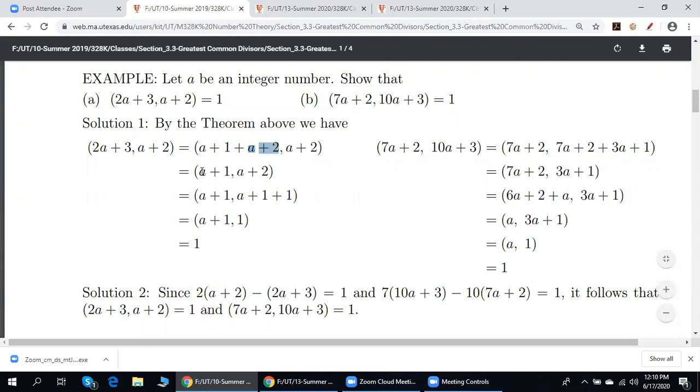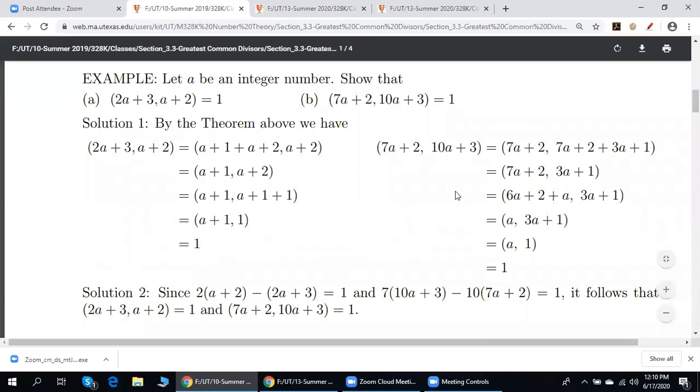After the cancellation, we get this. Keep going. A plus 2 can be rewritten as a plus 1 plus 1. Since here we have a plus 1, this a plus 1 can be cancelled. Done. And now it's totally obvious that the greatest common divisor of this is 1. Therefore, the greatest common divisor of this is 1.